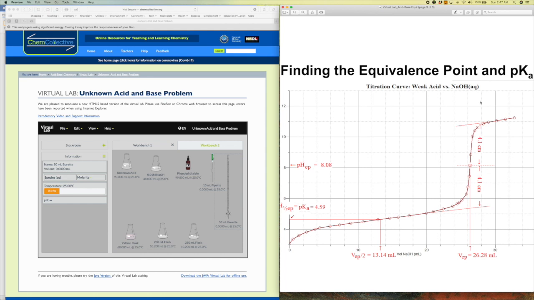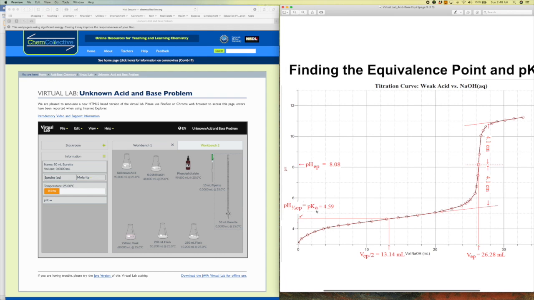And midway through that distance would be the equivalence point. And that is a much more accurate way of determining what the equivalence point is. Of course, once you have the equivalence point, you can get the half equivalence point, and from the half equivalence point, we can get the pKa.